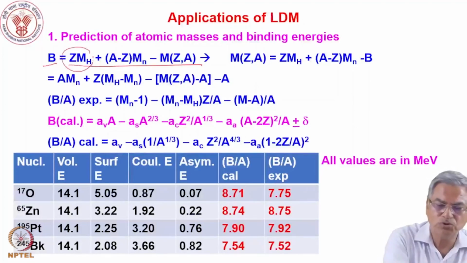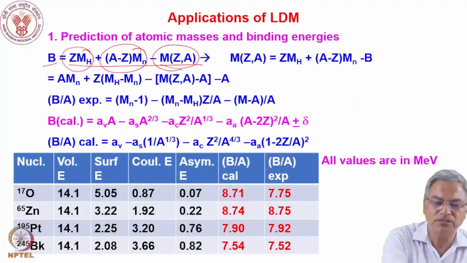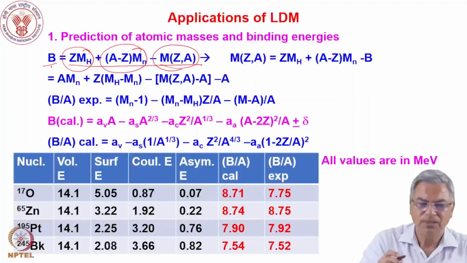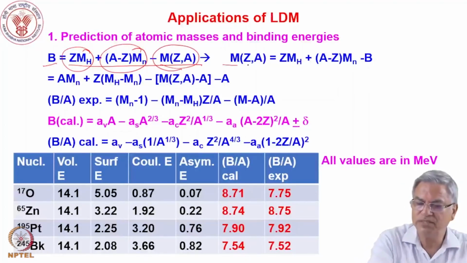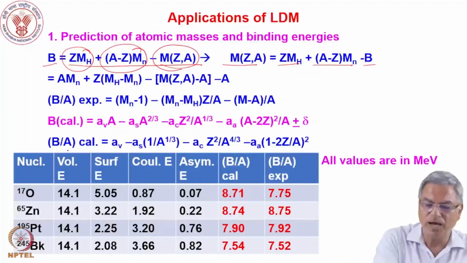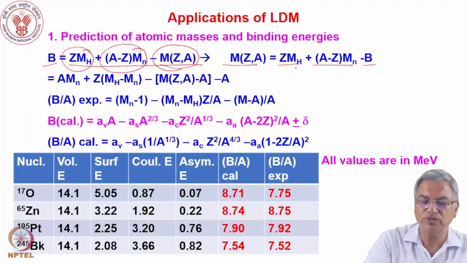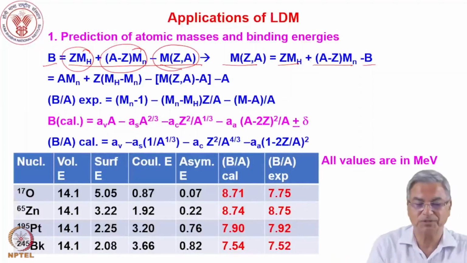So Z protons plus N, that is A minus Z, neutrons minus binding mass of the nucleus is equal to binding energy. Or if you want to calculate the mass of the nucleus, you can put into this formula the mass of Z protons plus the mass of A minus Z neutrons minus binding energy. So you calculate the binding energy by this formula and substitute in this equation. We know the mass of proton and neutron, so you can calculate the nuclear mass.